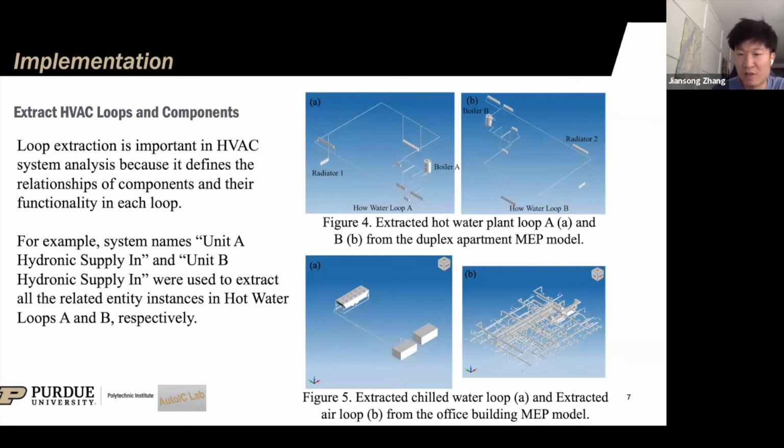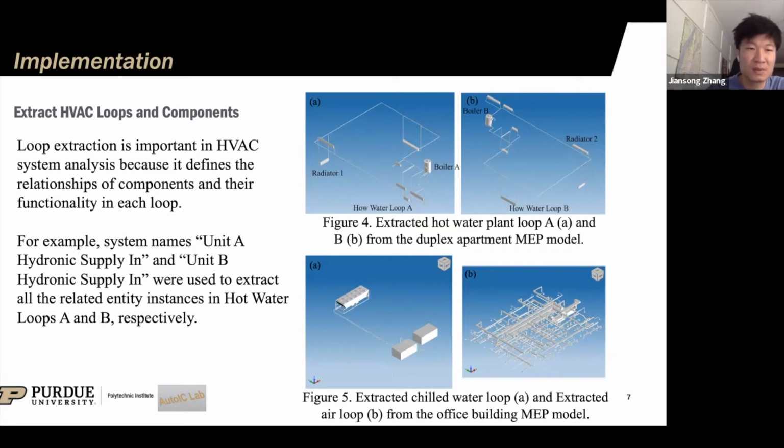Similarly, for the office building model as shown in Figure 5, there is the chilled water loop and the air loop. The chiller will provide chilled water to the air handling unit, and the air handling unit will serve as a heat exchanger, providing cooling energy to the air loop.